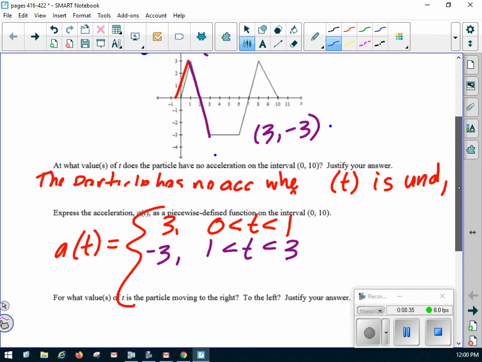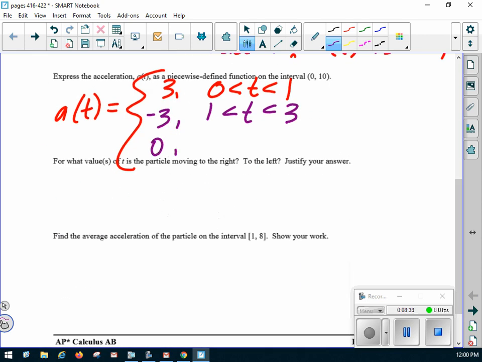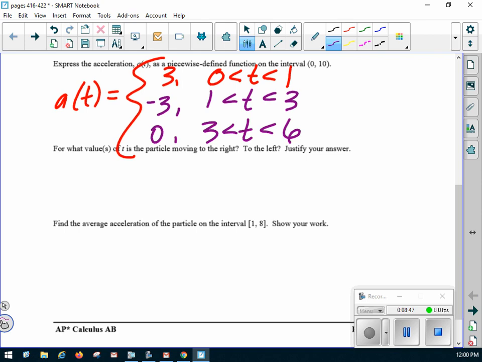Between 3 and 6, it's 0. And then 3 again, from 6 to where?